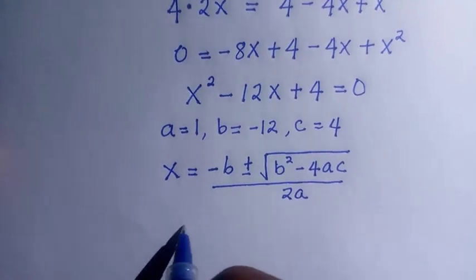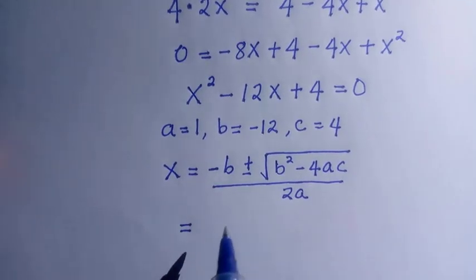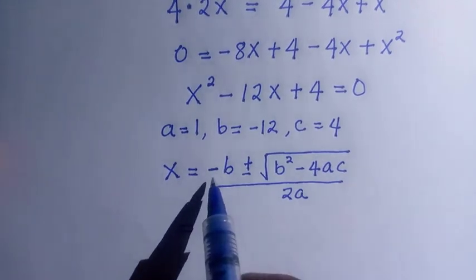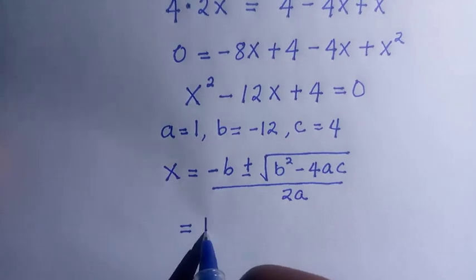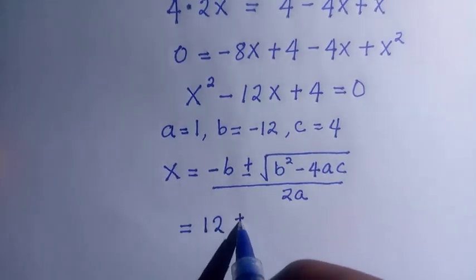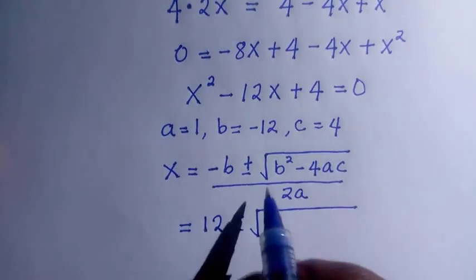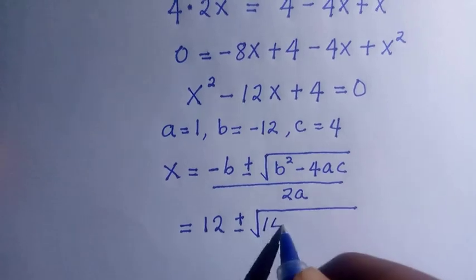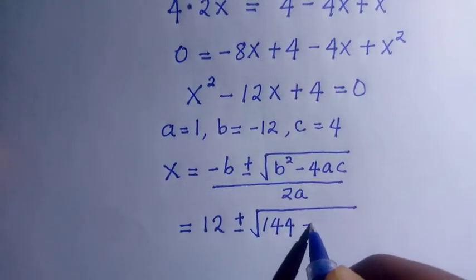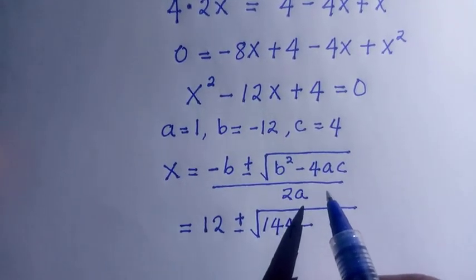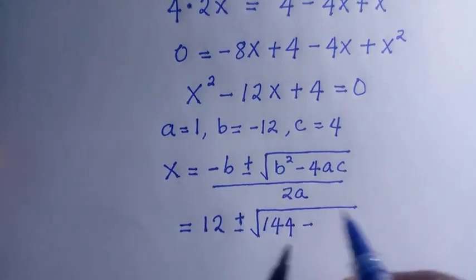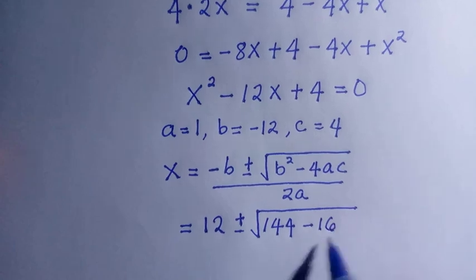By plugging it there, we have 12 is coming with minus, then when it's multiplied by this minus, it becomes plus. So I have plus 12, and here is plus or minus the square root of, when we plug in minus 12 squared, that gives us 144 minus 4 multiplied by 1, that is 4, then multiplied by 4 again, that gives us 16.